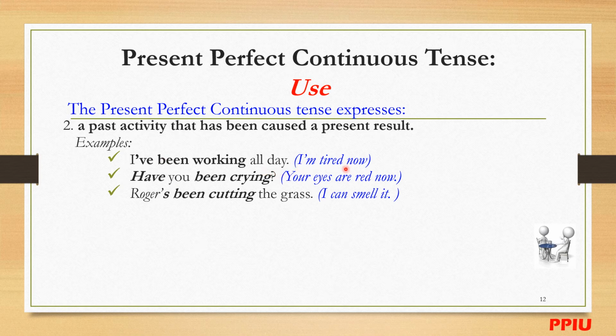I'm tired now, so I kept working all day. Have you been crying? I mean, the result is your eyes are red now. I did not see you crying, but the evidence is that your eyes became red.